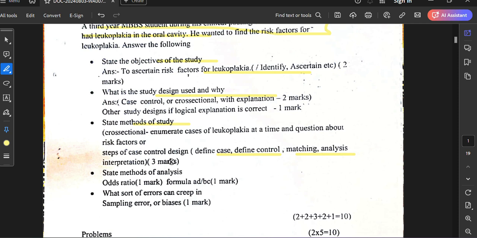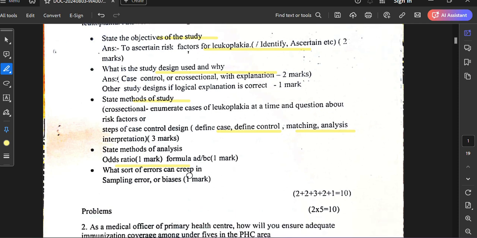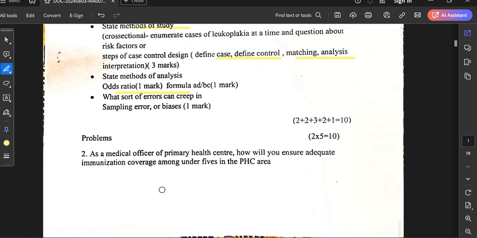Methods of analysis means, in the case of this study design, we can use odds ratio, by the formula AD by BC, odds ratio AD by BC. What sorts of errors can creep in? In every study, sampling error can occur, or even case bias may happen.